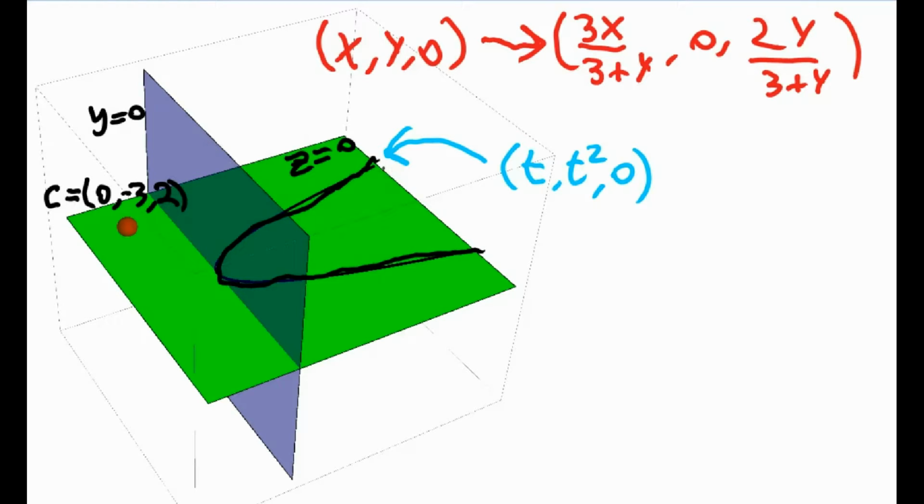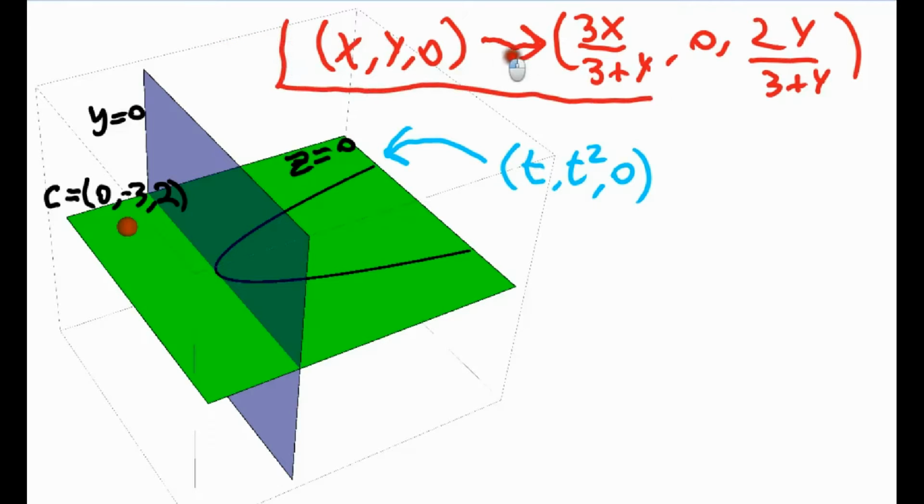Now, as I say, what we're interested in here is how this parabola gets projected onto the picture plane. And so in order to figure that out, all we have to do is just use our law of projection, which we discovered before.